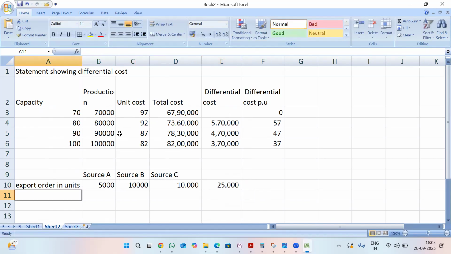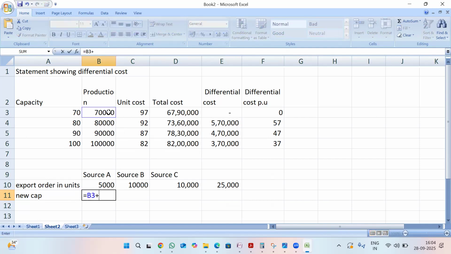Now, just tell me, if I'm accepting 5,000 units, then my company will be operating at 75,000. Existing is 70,000. So my new capacity will be existing 70 plus 5, so 75,000 units.